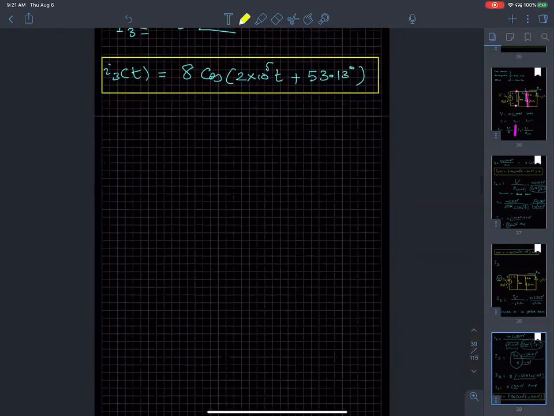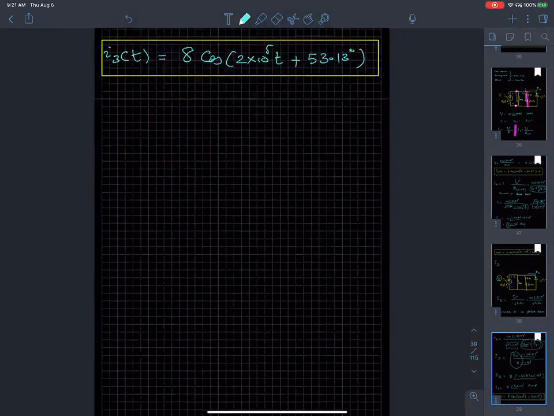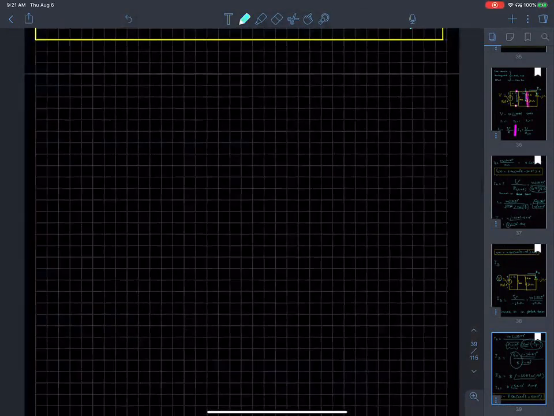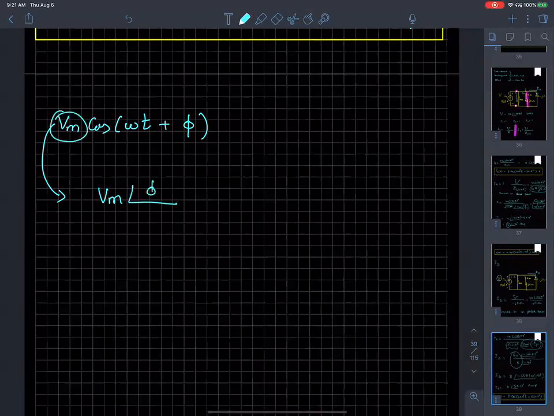Let me quickly summarize the big picture of what we have done here. We started with some time domain. In general, this is what we would do. If you have a time domain expression, cosine omega t plus phi, and you want to convert it to polar form or a phasor representation, you simply take the Vm and the angle.